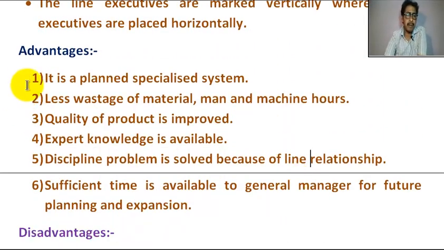Now what are the advantages of line and staff organization? Number one, it is a planned specialized system. Number two, less wastage of materials, man and machine hours.